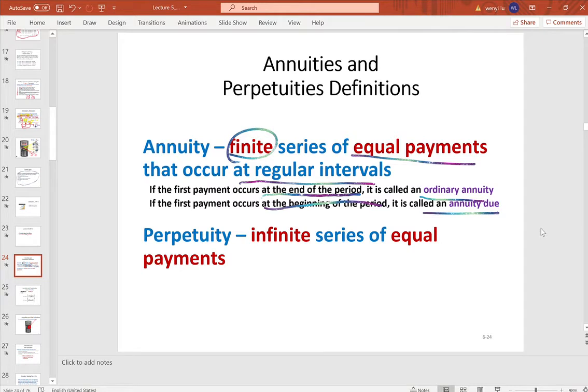Sometimes we have special cash flows where the annuities are paid infinitely. So we have an infinite series of equal payments. In such a case, we have a special name for this kind of annuity, called perpetuities.